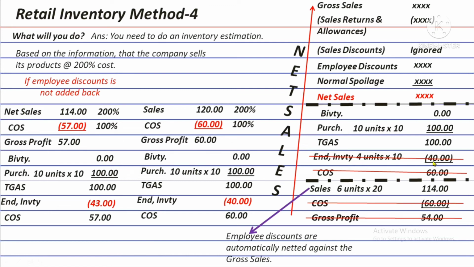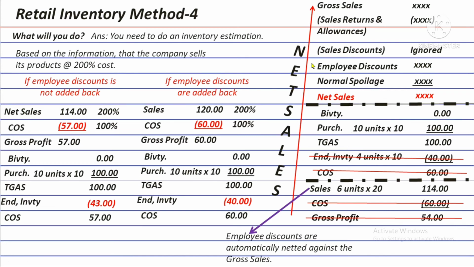Now, if you add the employee discounts as what is said here, then the sales will be 114 plus the employee discounts of 6. The sales will be 120. Then the cost of sales will be 60 and the ending inventory estimated will be 40. And this 60 and this 40 all coincide with the correct values here. So again, employee discounts should be added back. You need to remember that.